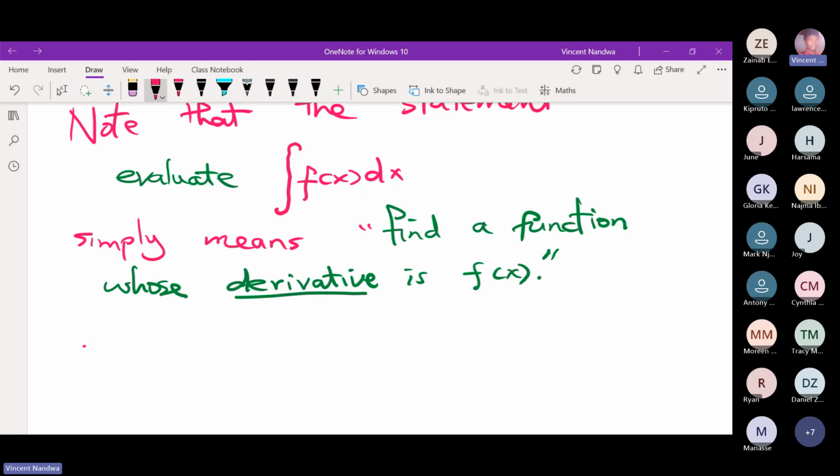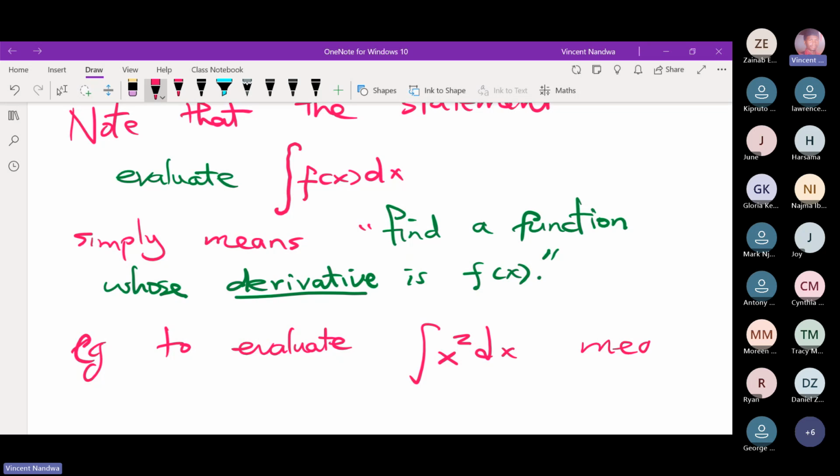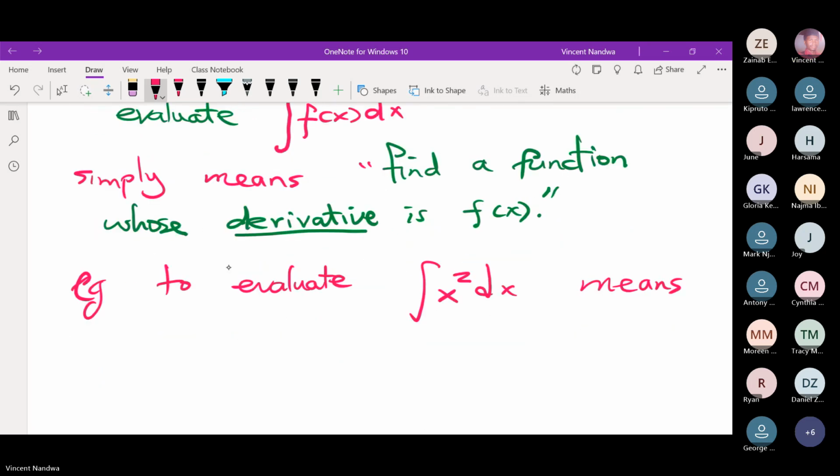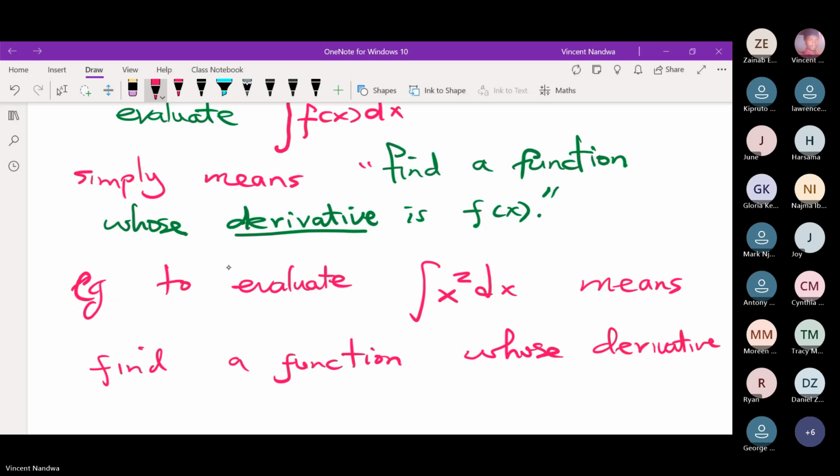For example, to evaluate the integral of x squared dx means find a function whose derivative is x squared.